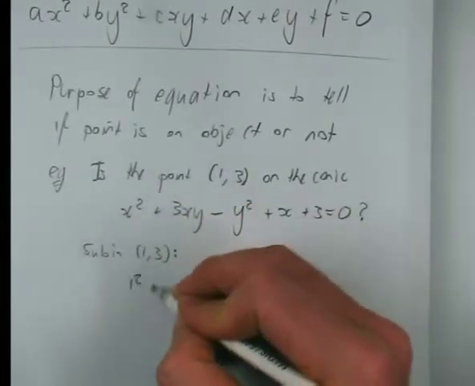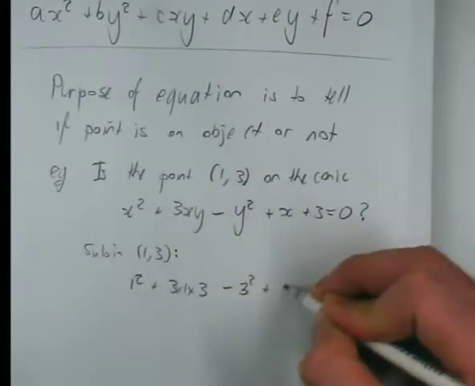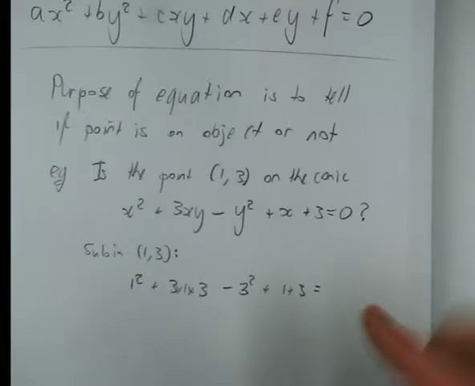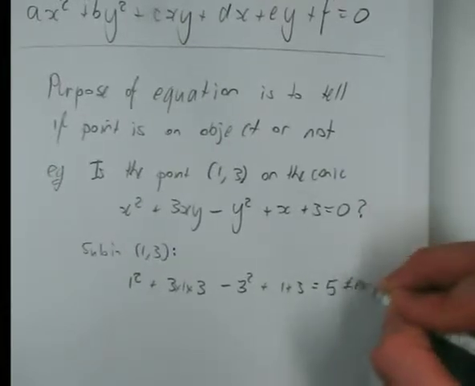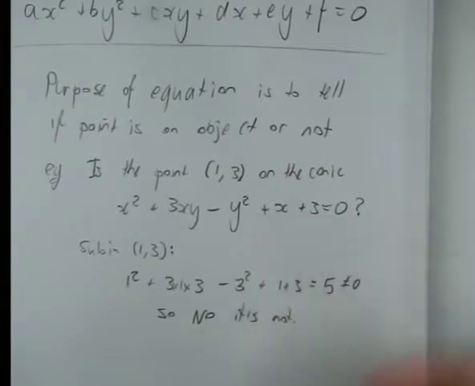So 1 squared plus 3 times 1 times 3 minus 3 squared plus 1 plus 3 is 1 plus 9 minus 9 plus 1 plus 3. So that's giving me 5, which is not 0. So no, it's not, because it doesn't satisfy the equation. But if it did come out to 0, then it would be on that conic, whatever that conic is.